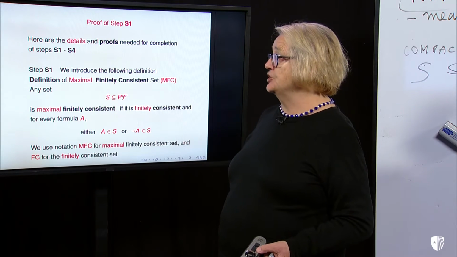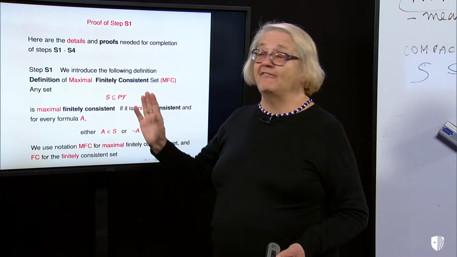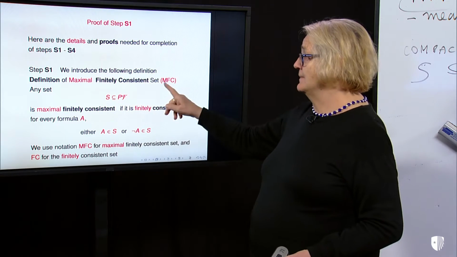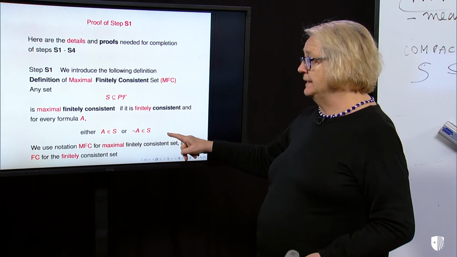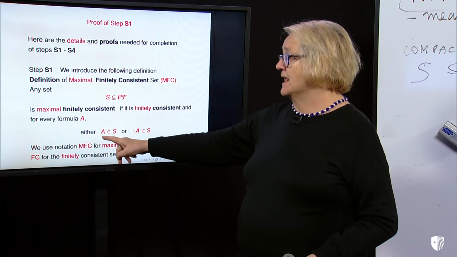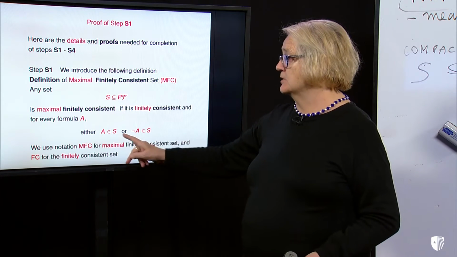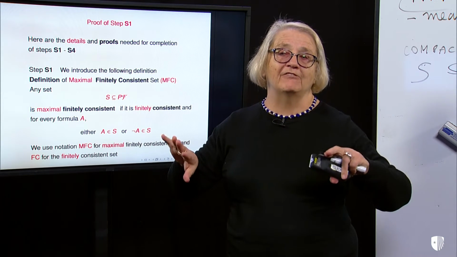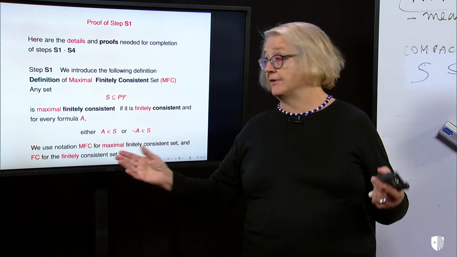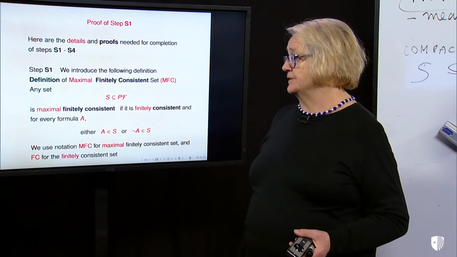Now it is exactly the same definition. We introduce the definition of a maximal finitely consistent set, MFC, which has the property that for every formula A, either A is in S or its negation is. So a maximal finitely consistent set separates a formula and its negation.